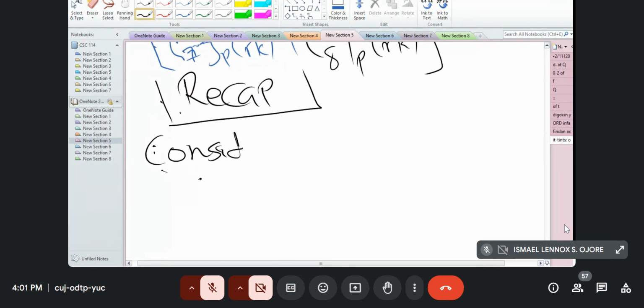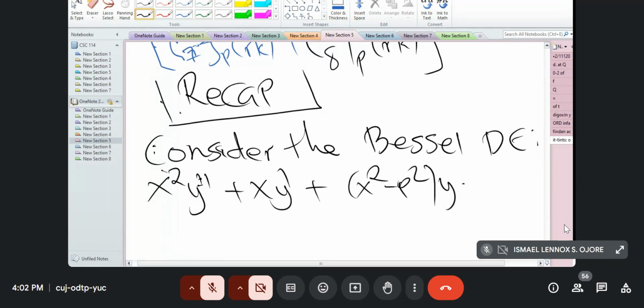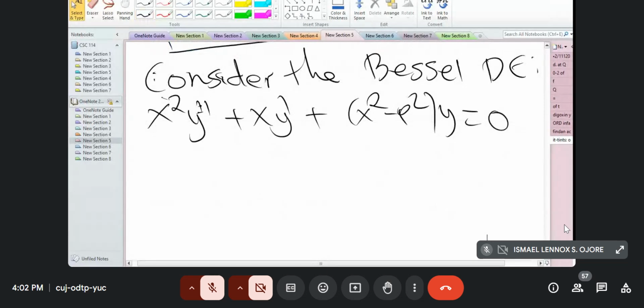Consider the Bessel differential equation: x squared y double prime plus x y prime plus (x squared minus p squared) y equals 0. This is where p is a member of the reals.